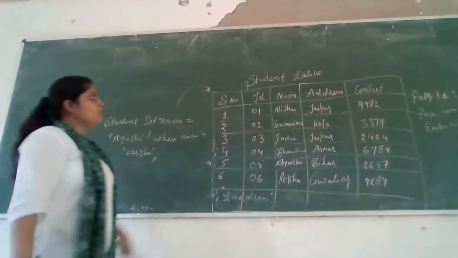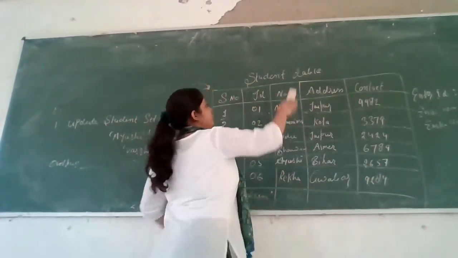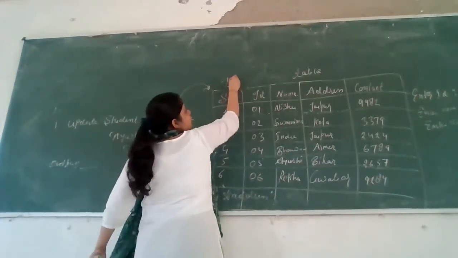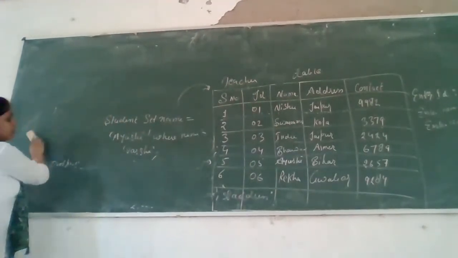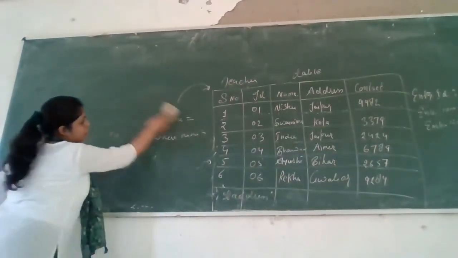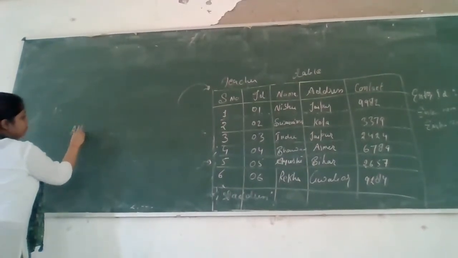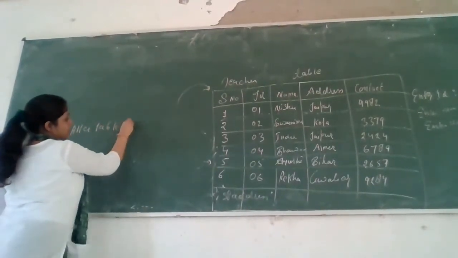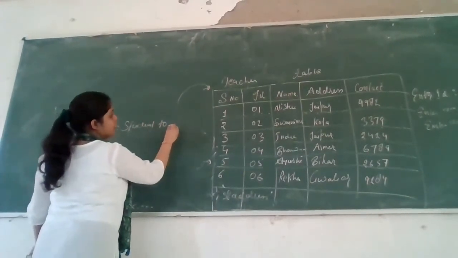Now you have to alter your student table name. If you want to change your student table into a teacher table, then you write this command: alter table student to teacher.